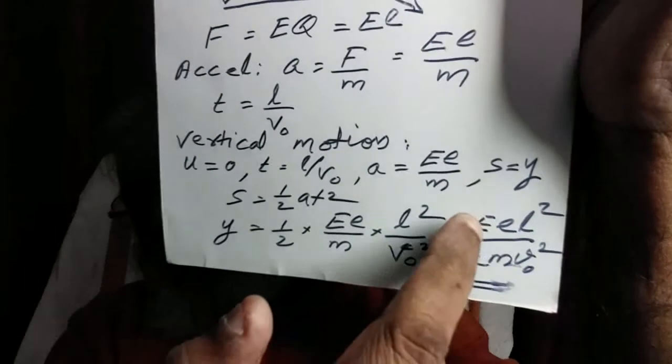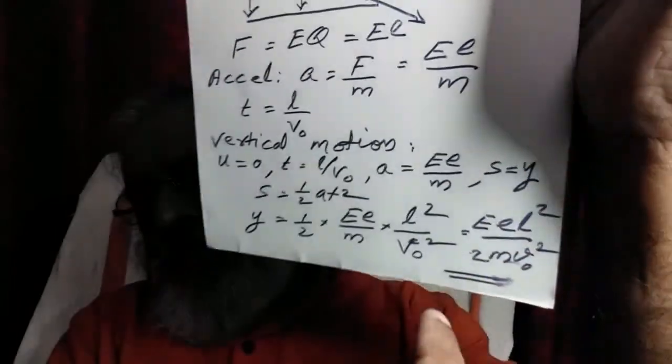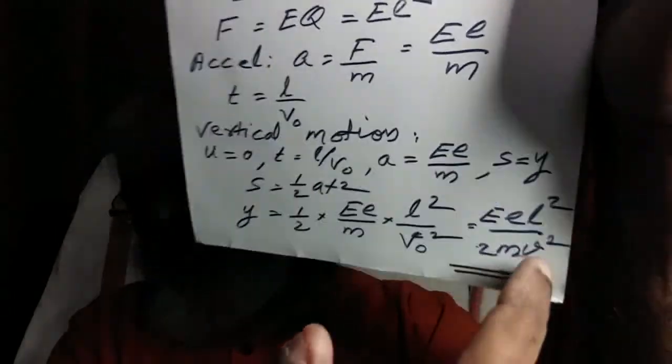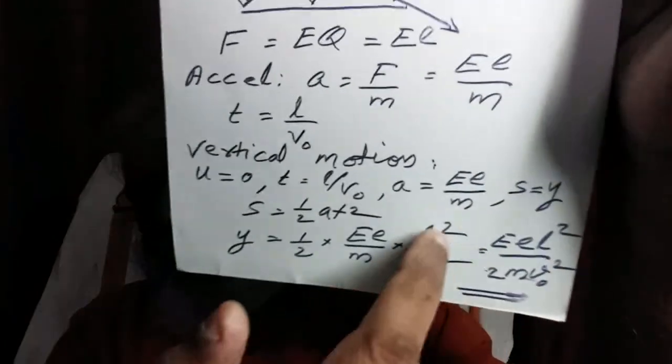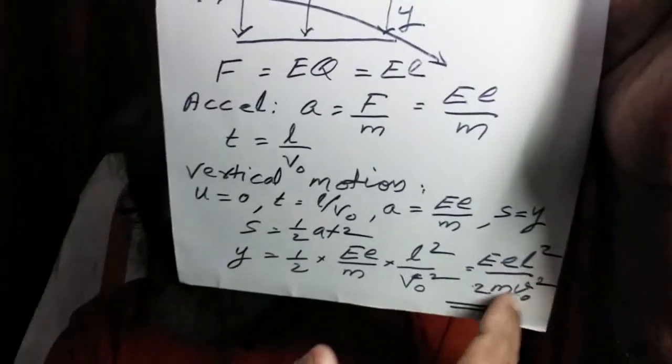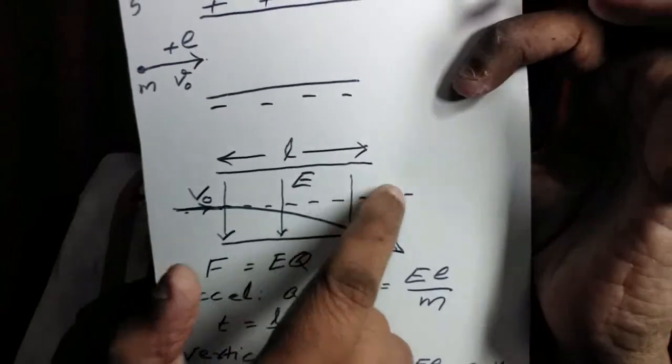Or the answer is eEL square by 2mv0 square. This is the vertical deflection as the proton leaves the electric field.